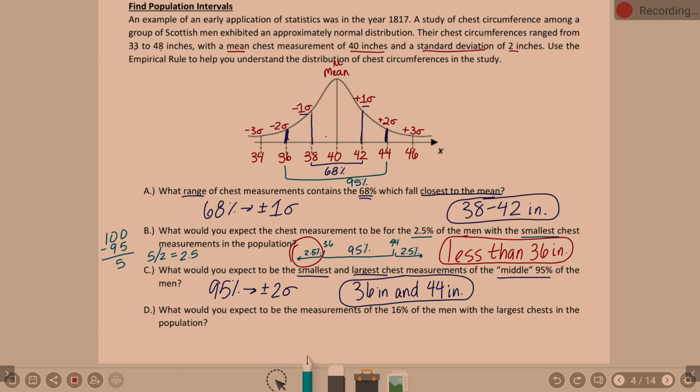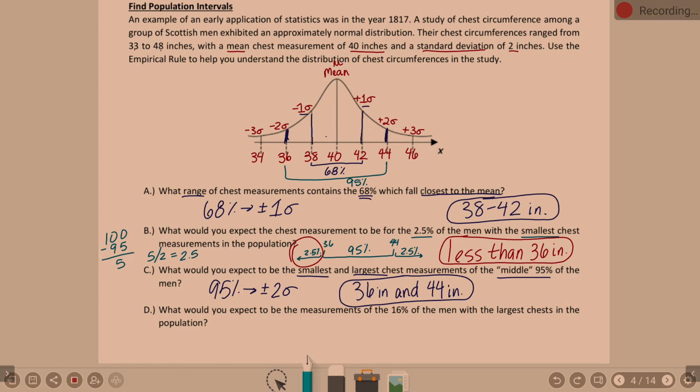So if there's 16% up top, that means there's also a 16% that equals out on bottom. Kind of like earlier, it was the 2.5 to 2.5. Now, when I put 16 and 16 together, that is 32. When I take 32 from 100, that puts me at 68. Is 68 a number we know? Yeah. 68% is one of our key numbers.